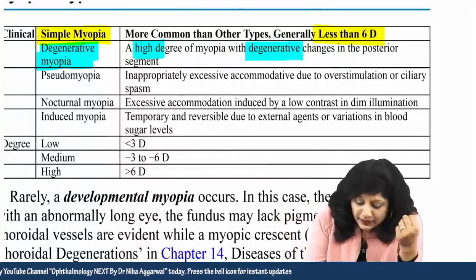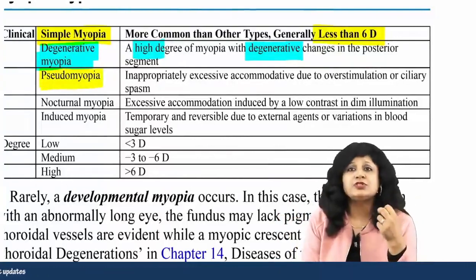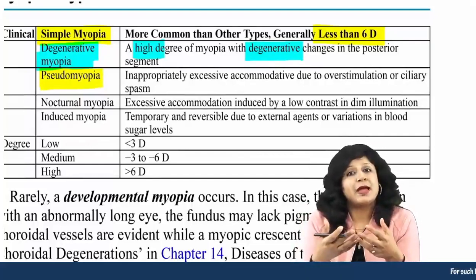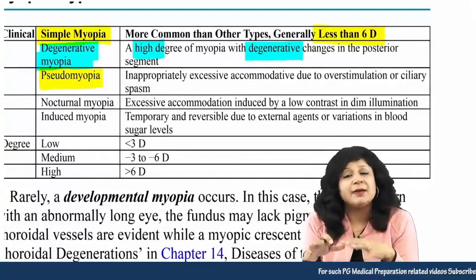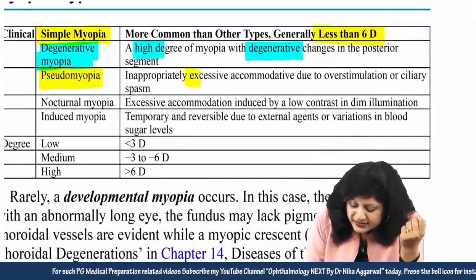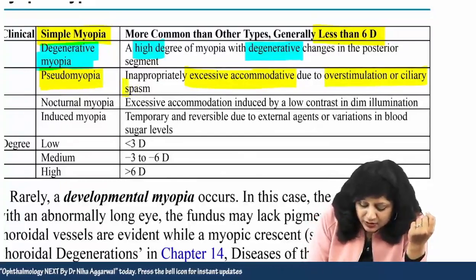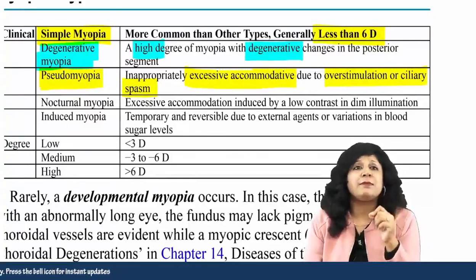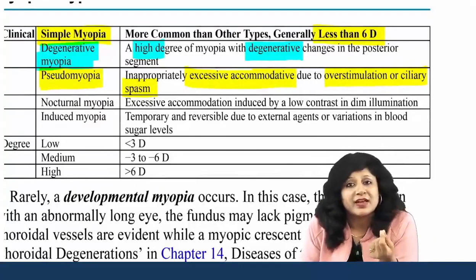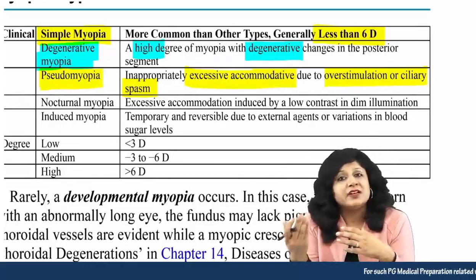Then your third one is pseudomyopia. Pseudomyopia can also be remembered as induced myopia. Actually, it is not myopia, but the patient behaves as if there is myopia due to excessive accommodation, due to overstimulation and spasm of the ciliary muscle. If you remember what we studied in iridocyclitis or acute anterior uveitis, we have inflammation, and due to that inflammation there is ciliary muscle spasm.